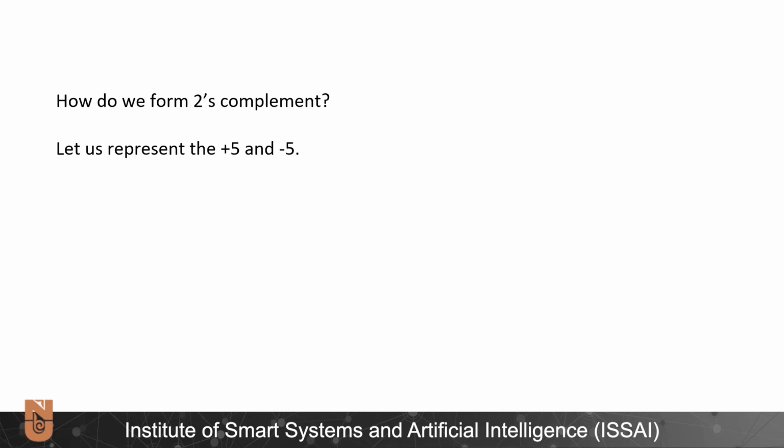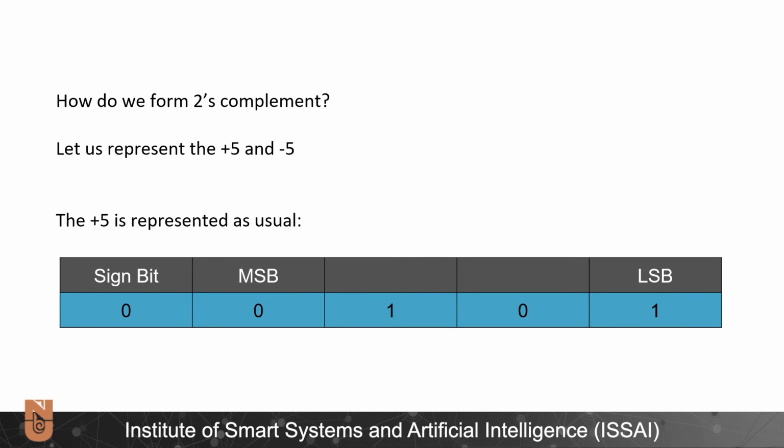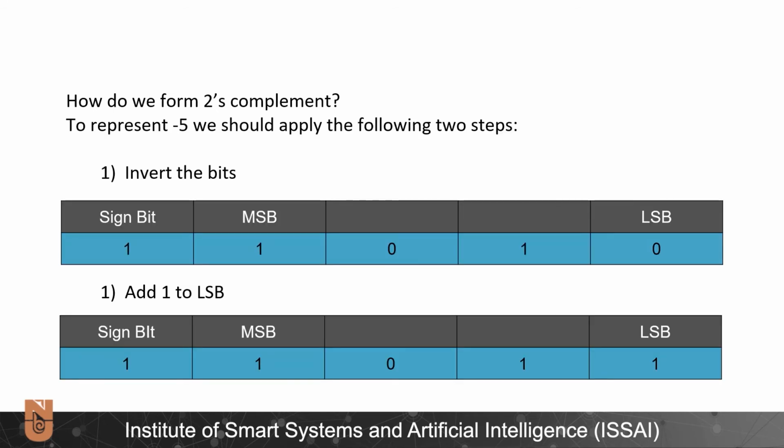So, as an example, let us represent the positive 5 and the negative 5. The positive 5 is represented as usual as 0, 0, 1, 0, and 1. To represent the minus 5 using 2's complement, we invert the bits as a first step and then add 1 to the obtained value as a second step.